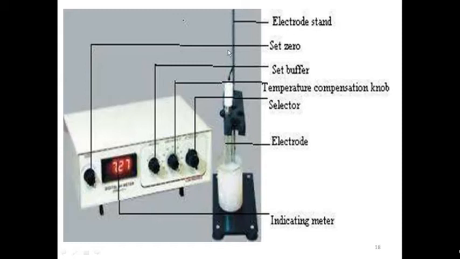This is the complete structure of the pH meter. It is the electrode stand. These are the two electrodes, the glass electrode and the reference electrode. These are the different knobs.